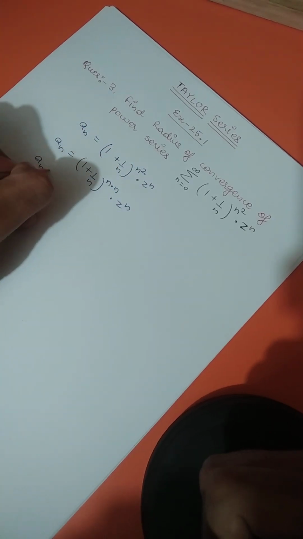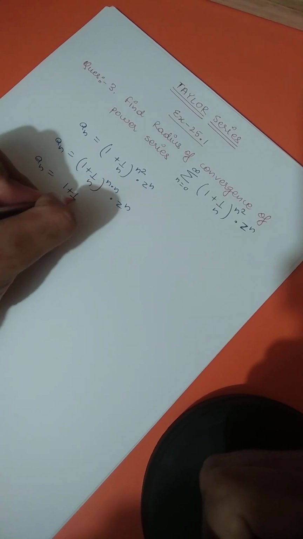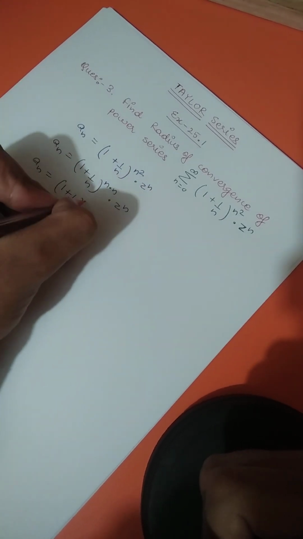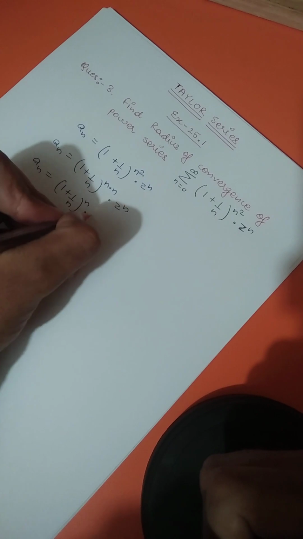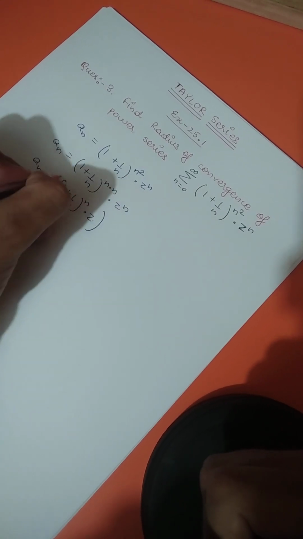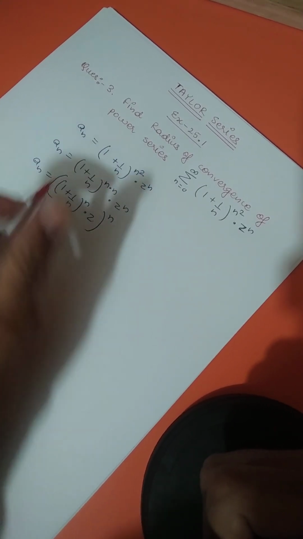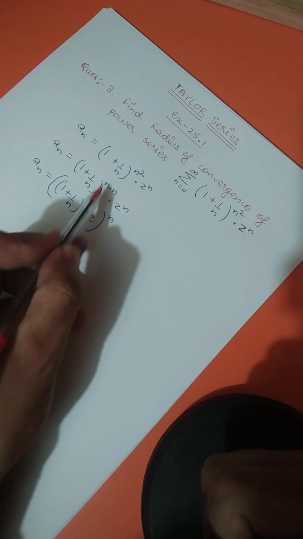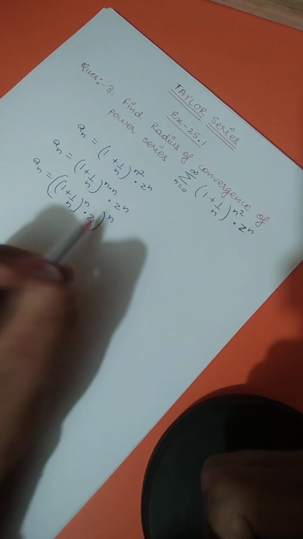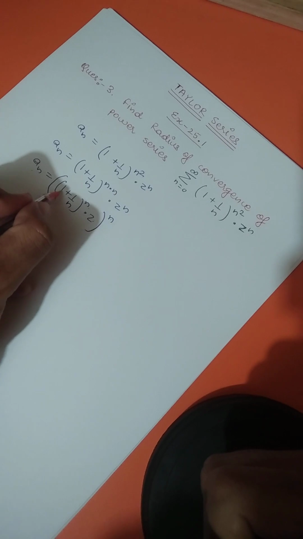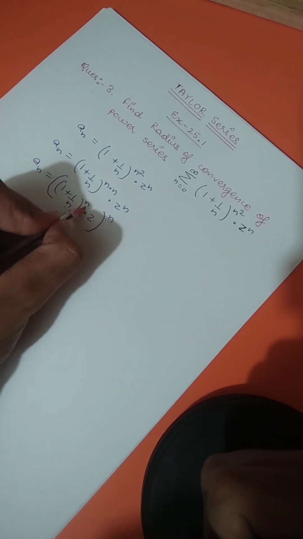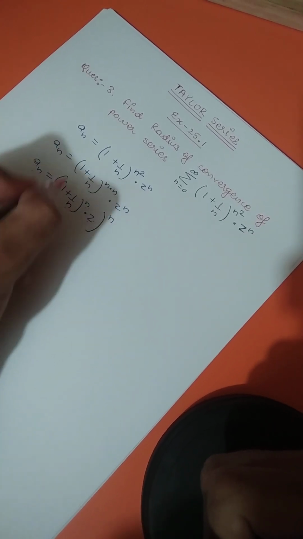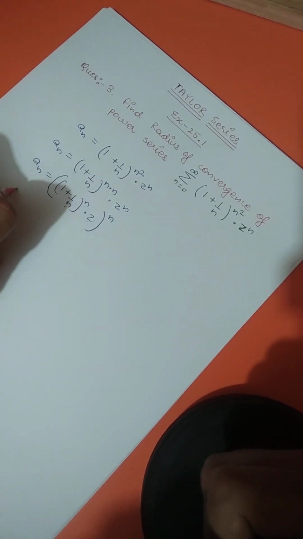So I can take the power common: (1 plus 1 by n) power n, I will take here common, and z I will multiply, and I can take this as whole power n, because n I can multiply with n, then that will be n square only, and here z^n. So I can write a_n equals ((1 plus 1 by n) power n into z) whole power n.